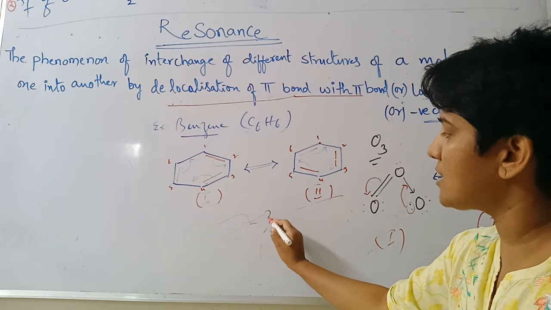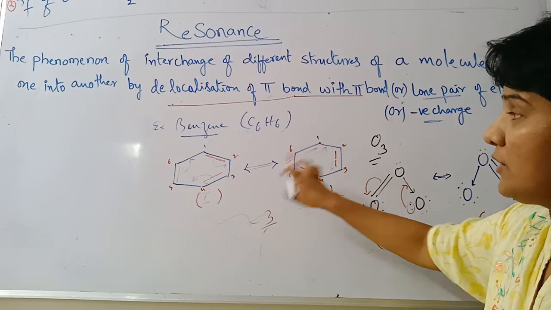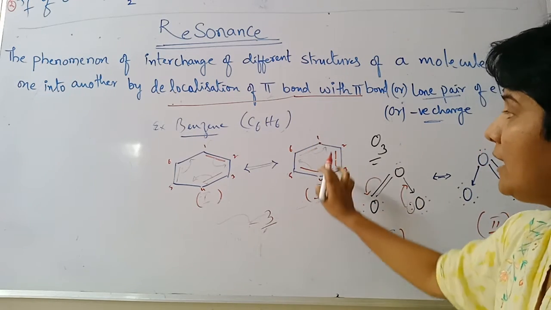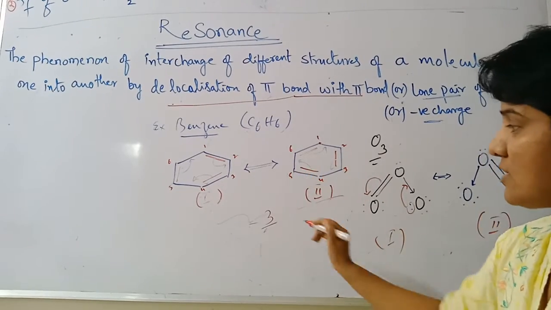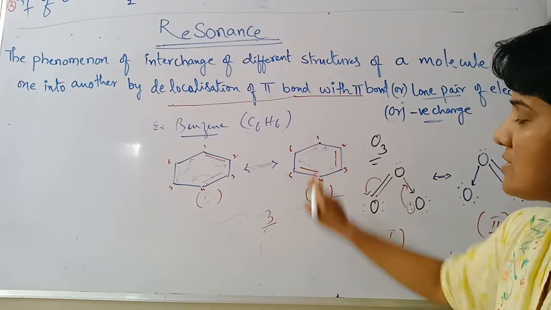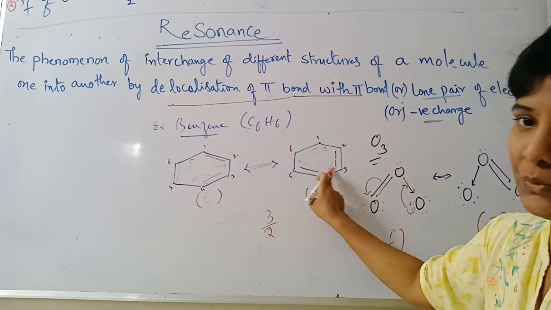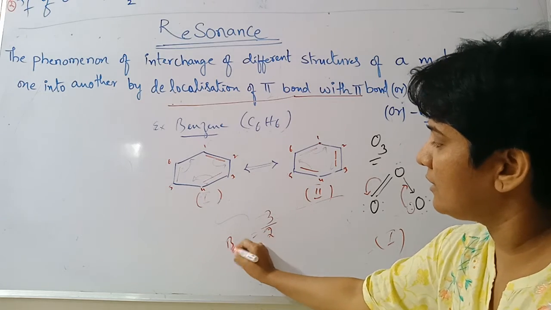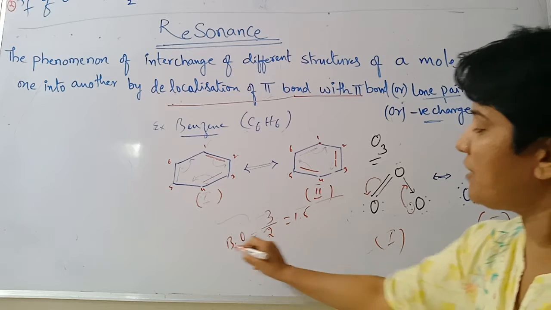So the total bonds are 3 around the atom, and the number of resonance structures is 2. Means here in benzene the bond order is 1.5.